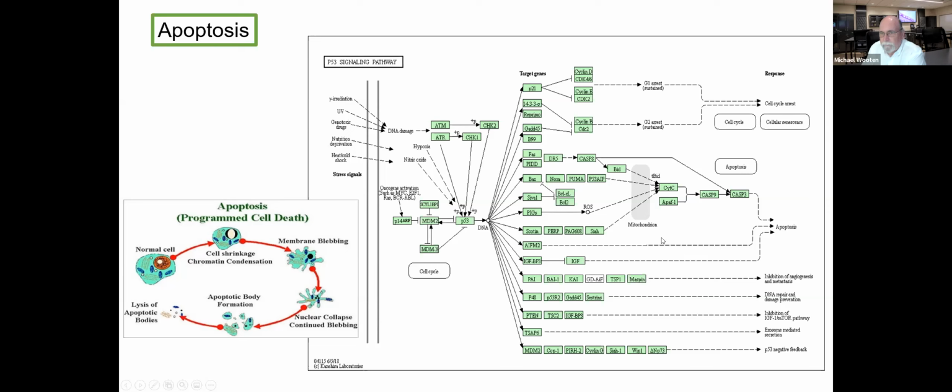Some of the outcomes are simply things like cell cycle arrest and cell senescence. Then you've got the full apoptosis pathway, where you take the whole cell and it's degraded, triggering this whole suite of proteins, working through the mitochondria to have the whole cell basically degrade. And as you see over here, there's nuclear collapse and dissociation.